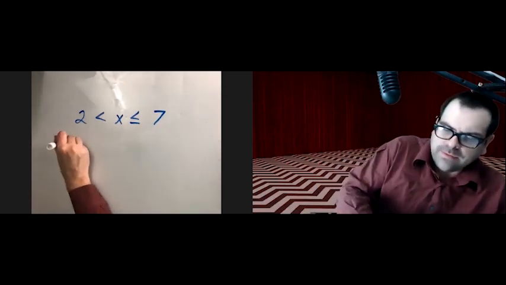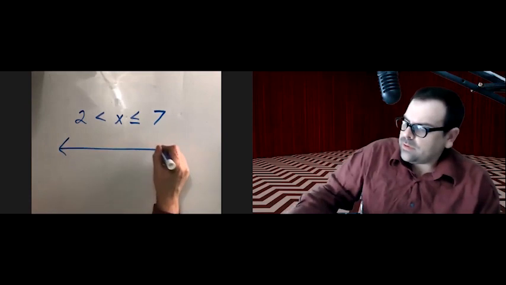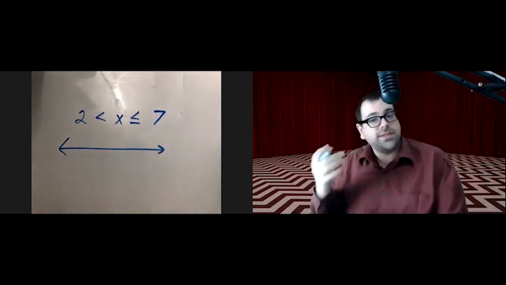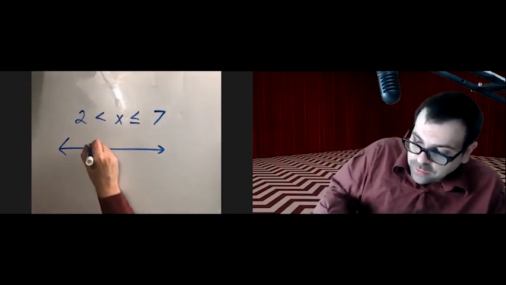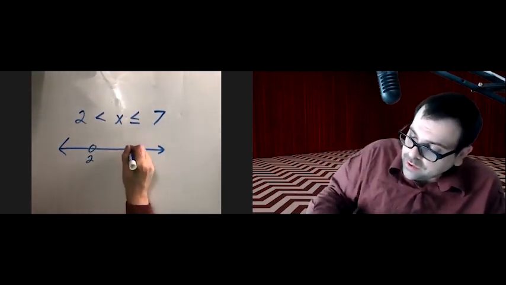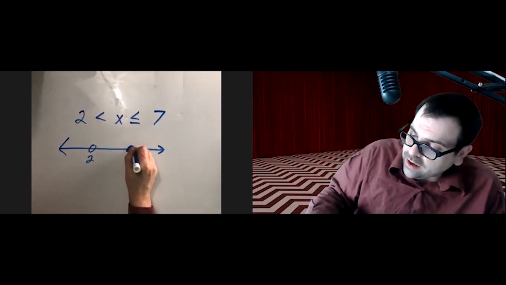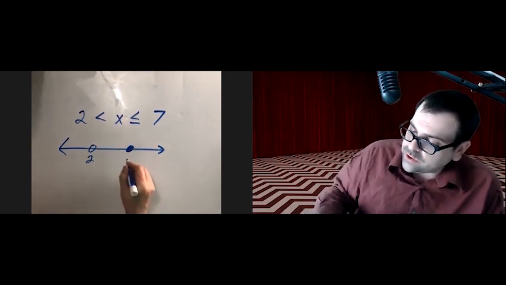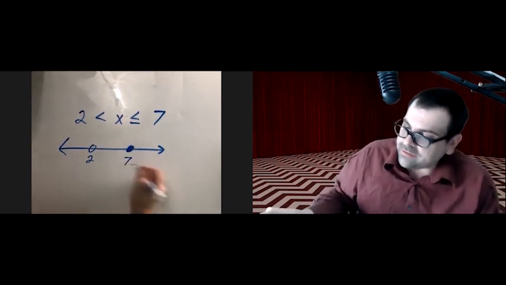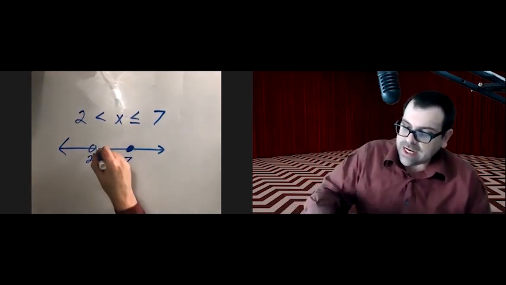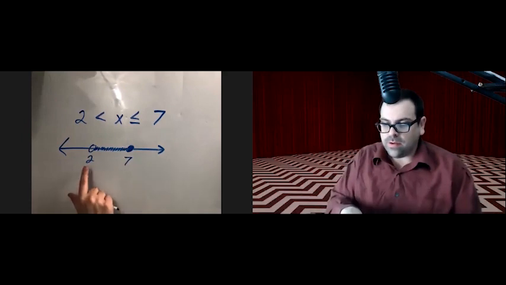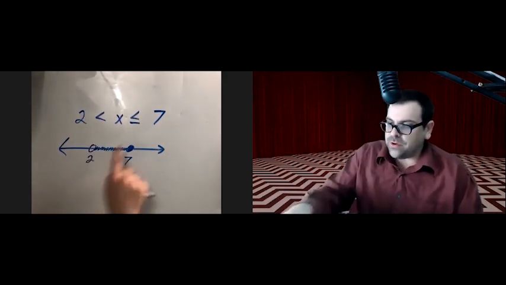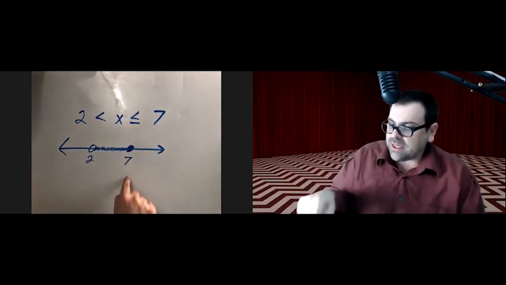On a number line, if we just used our open circles and closed circles, we would have an open circle at 2. We would have a filled in closed circle at 7, and x, the shading, would be everything in between. But not equal to the 2, yes, possibly equal to the 7.